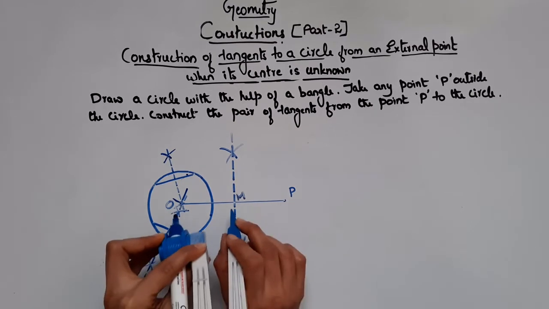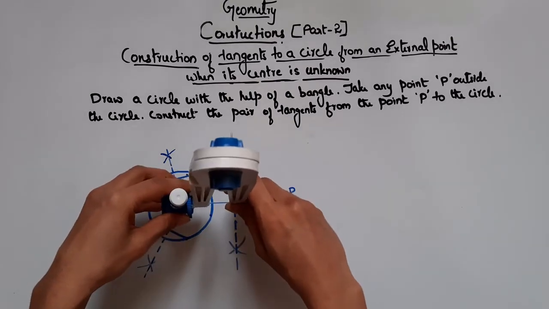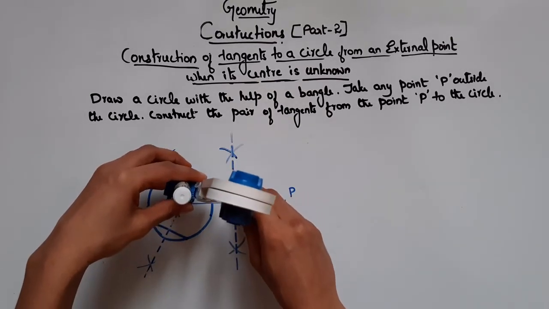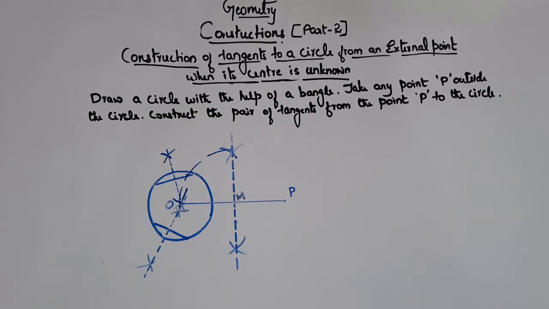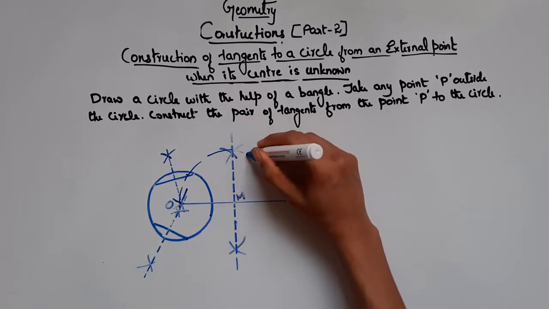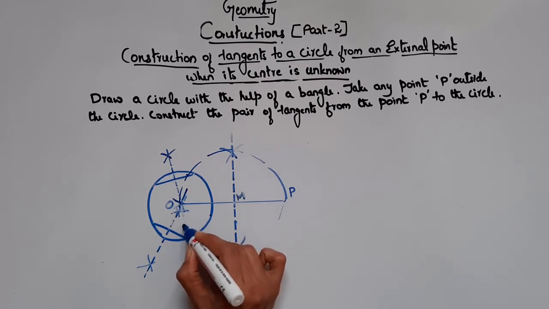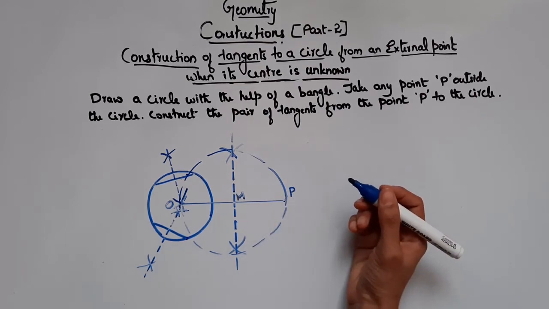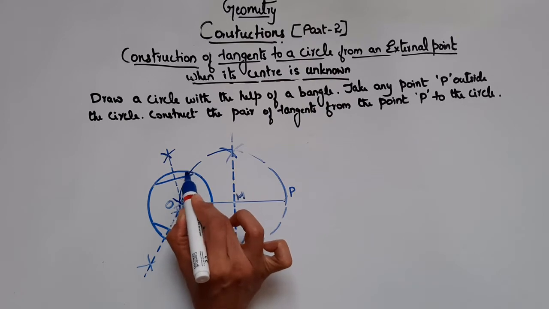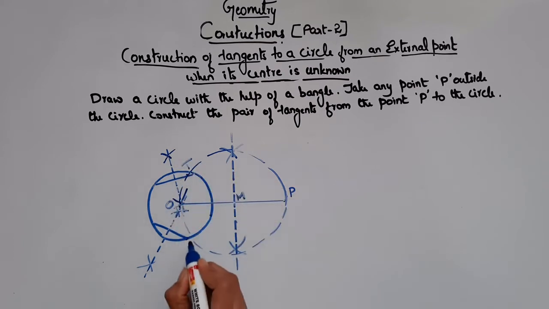So next step is keeping your compass at this point M and taking OM as radius, you will draw another circle. So let me draw freehand. The point of intersection of this new circle with the given circle, so this point, let's take this as T, and here at this point, let's take T dash.